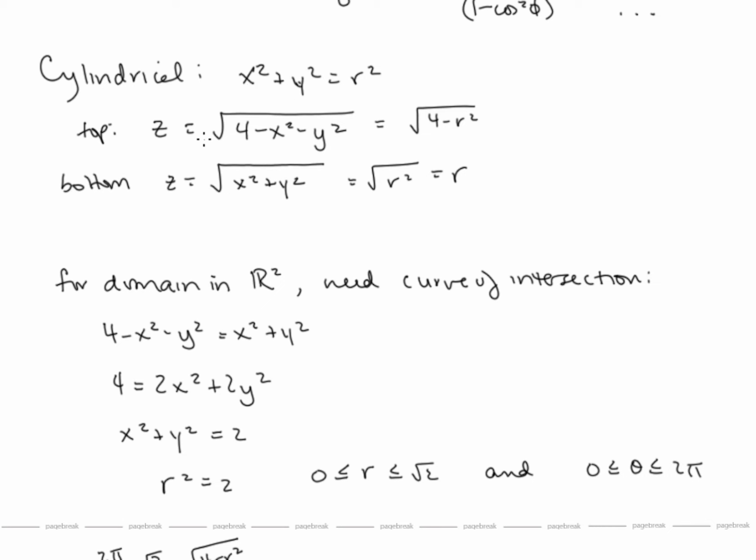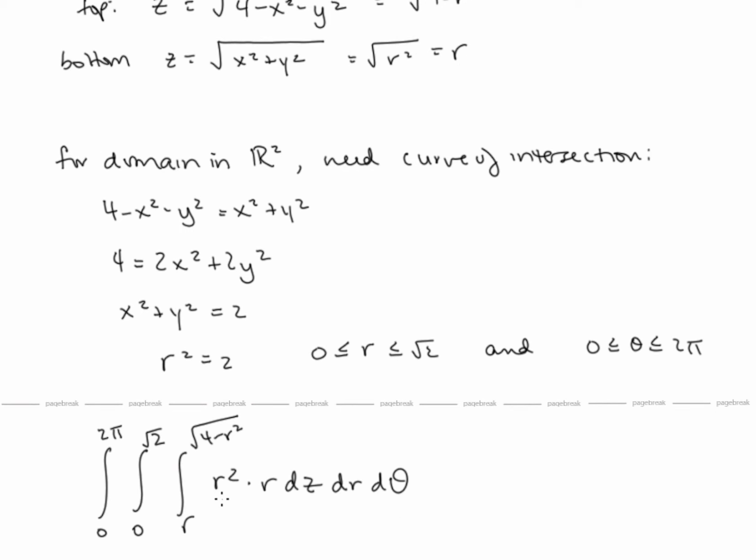Our top surface is z equals radical 4 minus r squared. Our bottom surface, the cone, is z equals r. So far, we have r squared as our inside function. We have r dz dr d theta as our volume element dV for cylindrical coordinates. And we have our bounds on z.